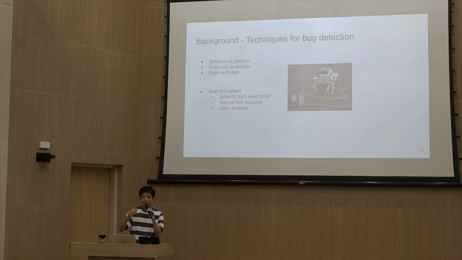It's very fast because we don't need the patient to do anything, but it's less accurate because we just scan through everything. Correspondingly, in software bug detection, this is called static analysis. We just scan through the source code or the binary code of the program and find bugs.